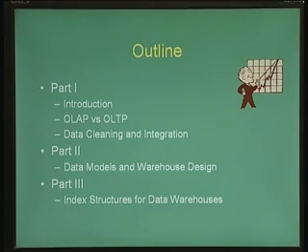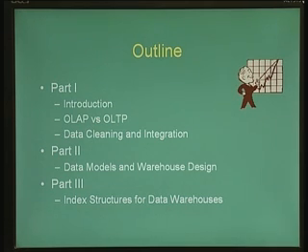In the first part, we shall be looking into an important difference between OLAP, that is online analytical processing, versus the online transaction processing that traditional databases are geared towards. We will also look at an important issue in data warehousing, namely that of data cleaning and data integration.